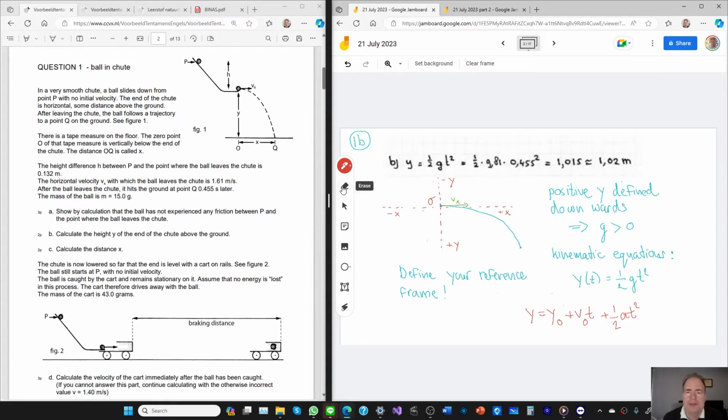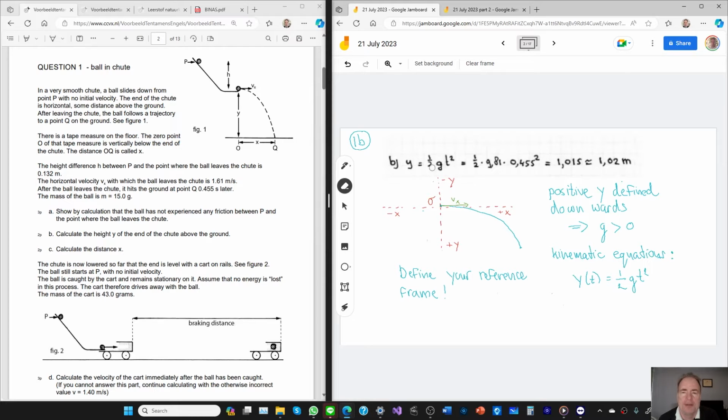So what you do in these situations is first define your reference frame. Your reference frame gives you a definition of what is the plus direction and the minus direction. For a ball that's falling down, it's convenient to define the plus direction as downwards and upwards the minus direction.